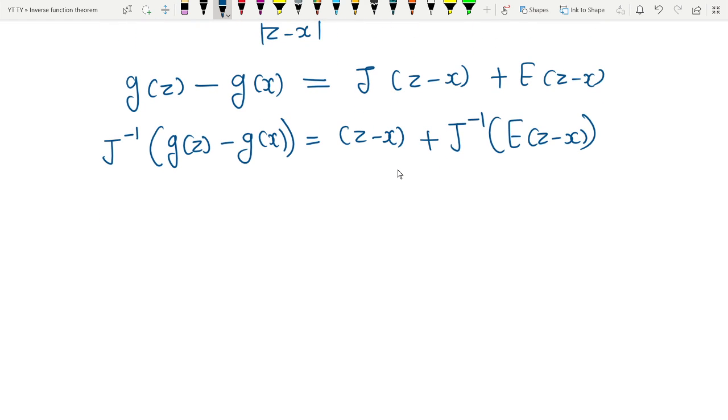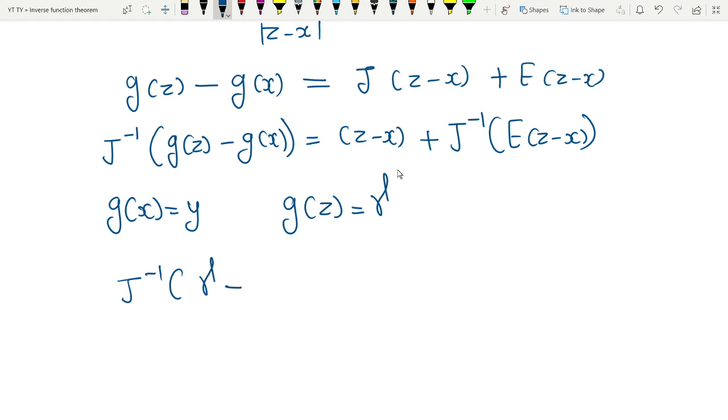After this, I want to talk about G inverse, not G. What I know is G of x equals y. Also G of z must be something, so I call G of z, say, gamma. So my last equation becomes J inverse of gamma minus y is equal to z minus x, which is G inverse of gamma minus x.